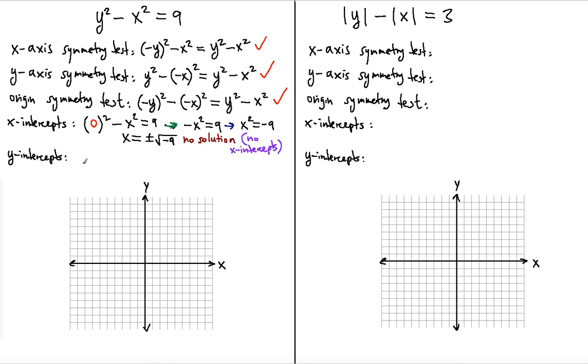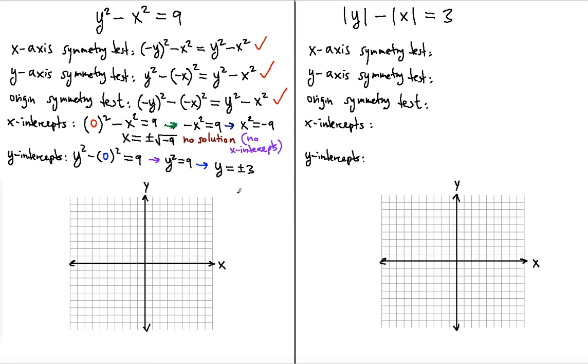So essentially what you want to do, you want to substitute x with a 0. So y squared minus, this time x will be 0, is equal to 9. So what that does, that lets us have y squared is equal to 9. Square rooting both sides would give us plus minus the square root of 9, which is 3.